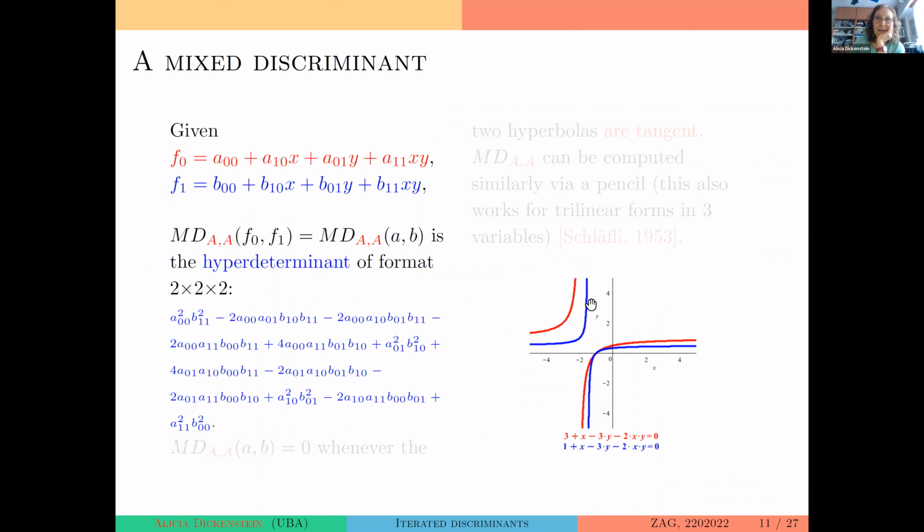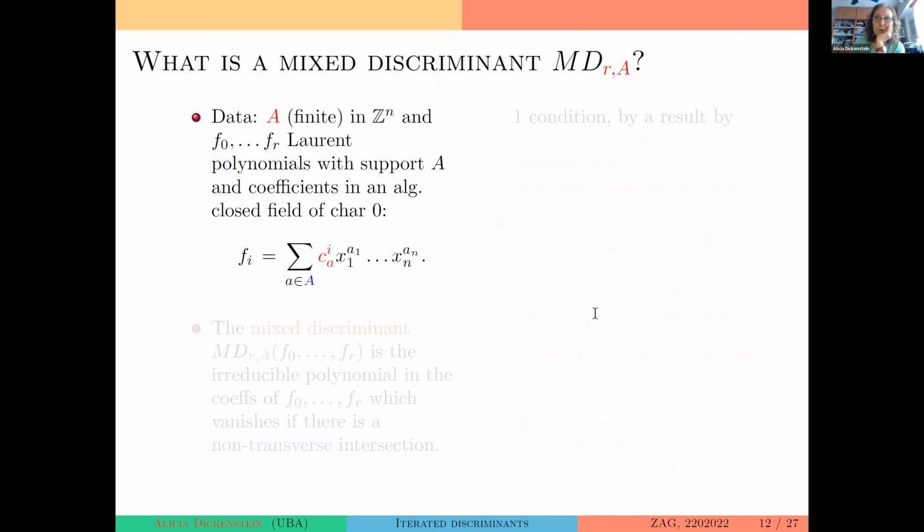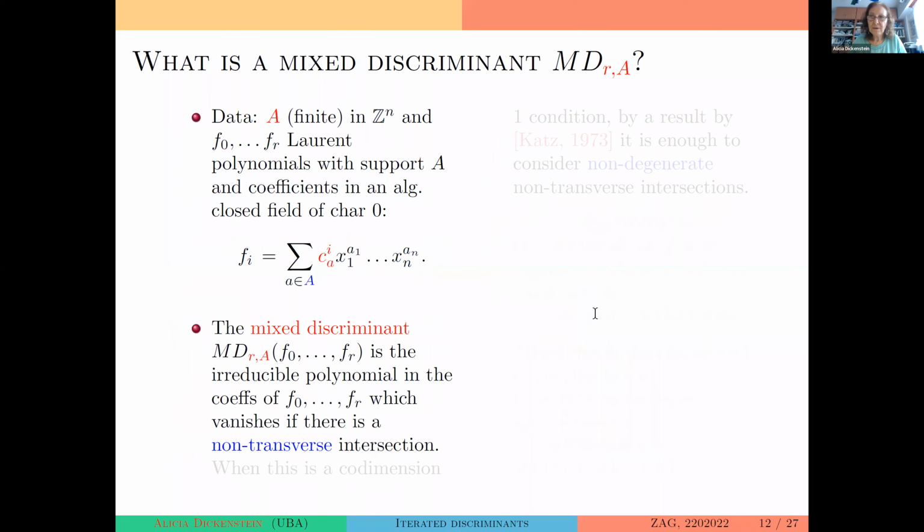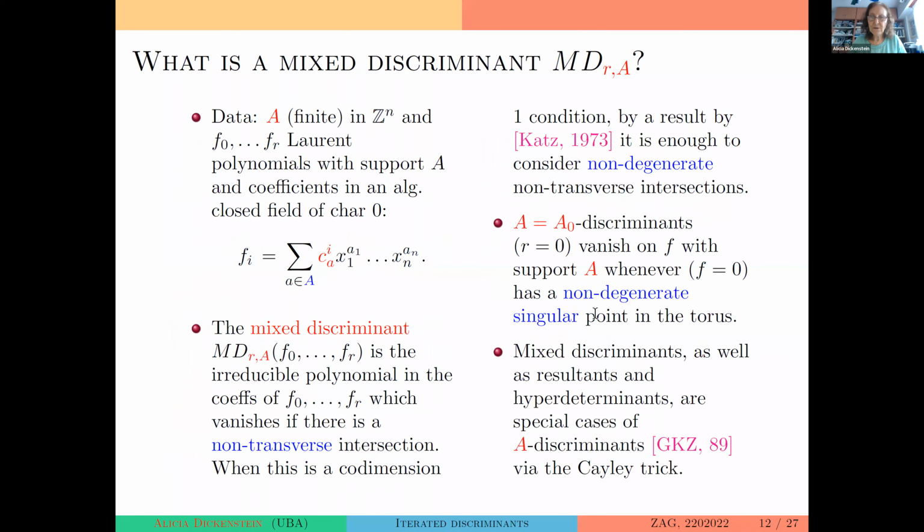Okay, so I need to go in the other direction, with the mixed discriminant in general. So again, our data is going to be a finite set A in Z^n. And then I have another input, which is an integer r greater than or equal to 0.